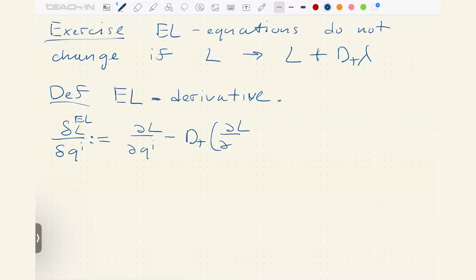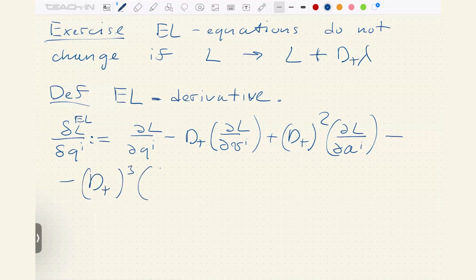of dL over dv^i plus d_t squared of dL over da^i minus d_t cubed of dL over dv^(3)i, etc. And because of the standard assumption that we work on finite jets, that L depends on these higher velocities up to finite order, this sequence stops.